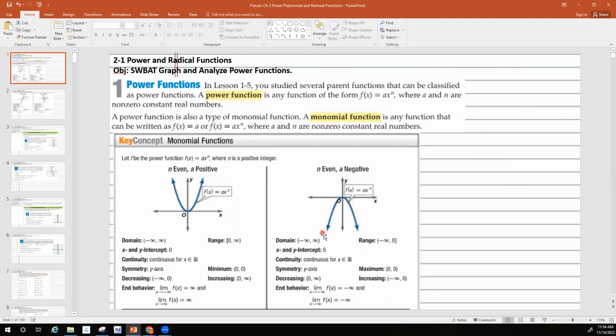And if a is negative, a frowny face, right? And it has the domains and range and all that stuff there. Just remember, if it's even, you get a parabola. If the a is positive, it's smiling. If it's negative, it's a frowny face. Let's put this on the notes.